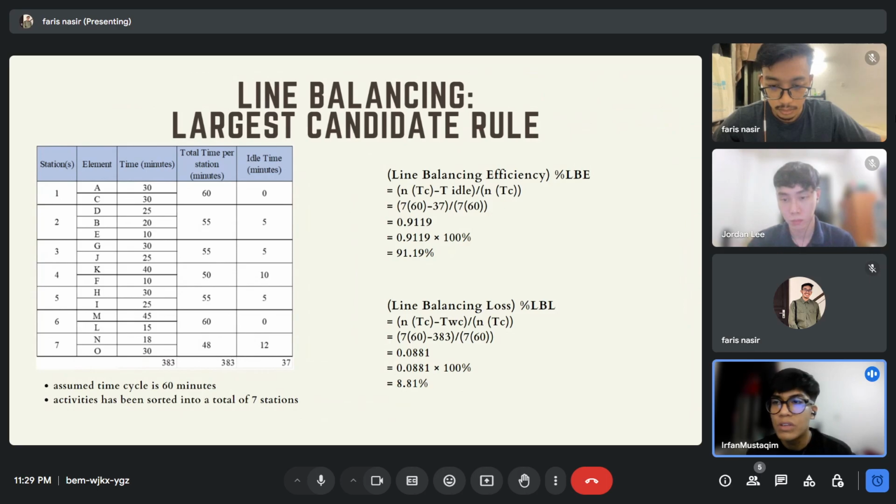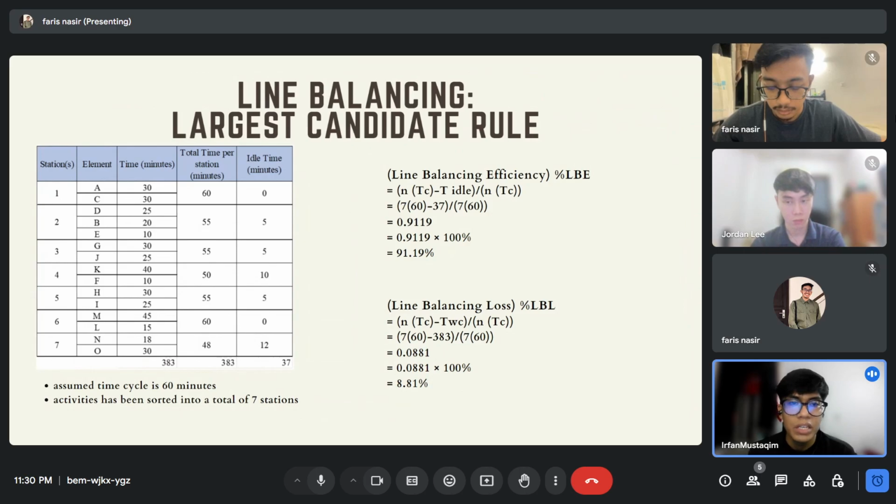As you can see, for the first station, we managed to include 2 work activities, which are activity A and C, and there is no idle time. Then we continue with the next stations until the end of the activities. The total time is 383 minutes, and the total idle time is 37 minutes. Then we have to calculate LBE and LBL.